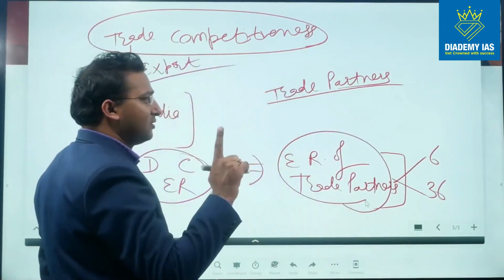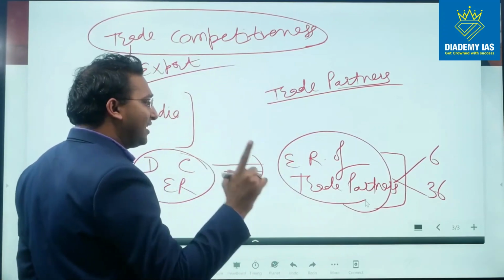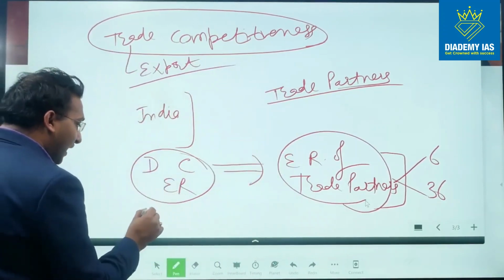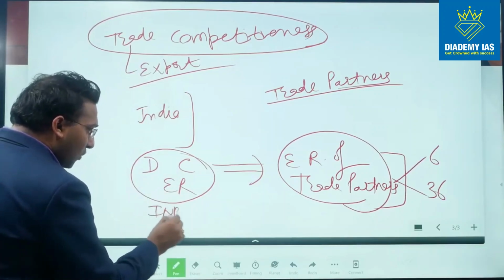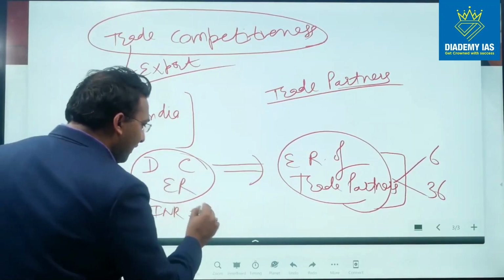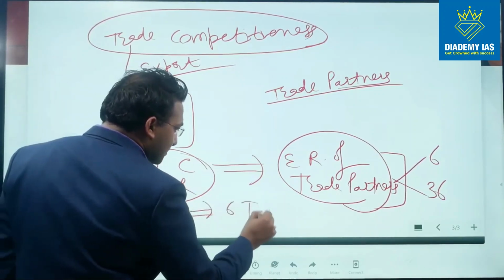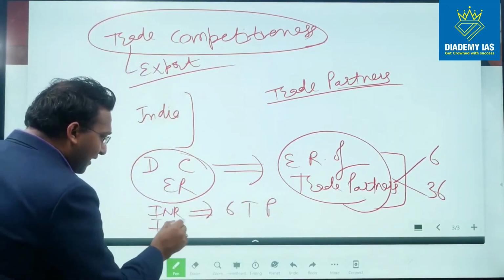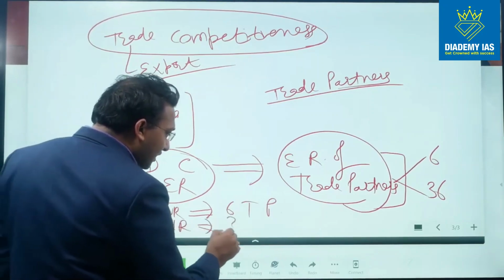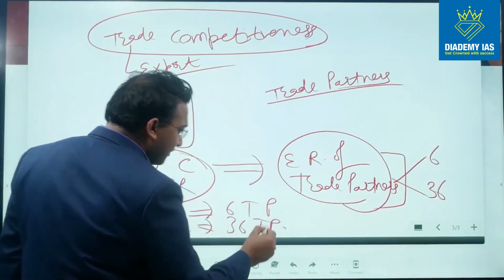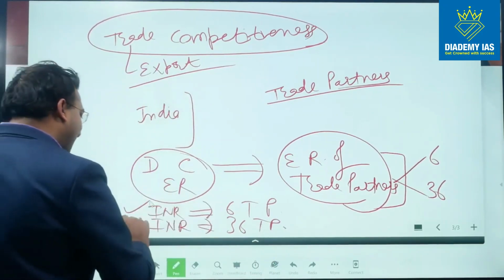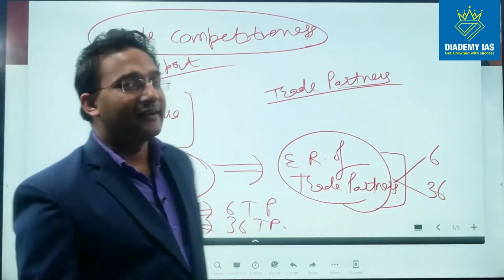In the first effective exchange rate, we are taking the relationship between the Indian rupee, or domestic currency exchange rate, and the average of 6 trading partners. In the other case, we are taking the INR relationship with the exchange rate of the 36 trading partners. So this is one effective exchange rate, and this is another effective exchange rate, right?